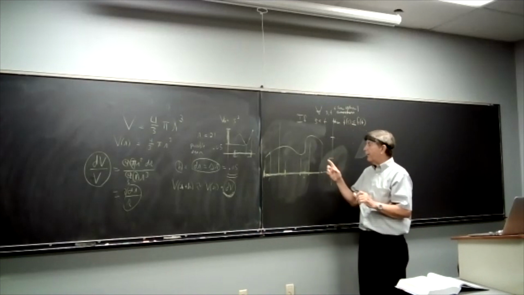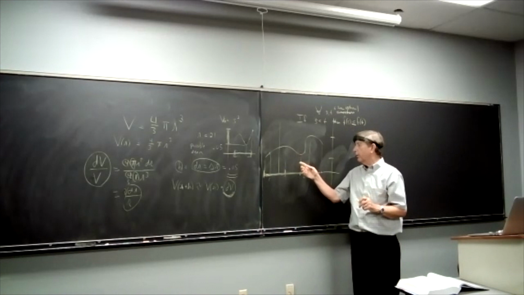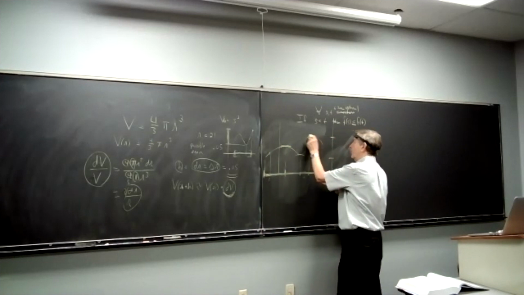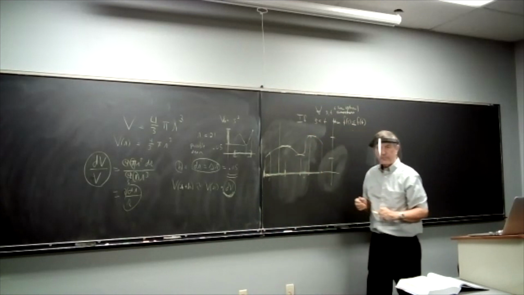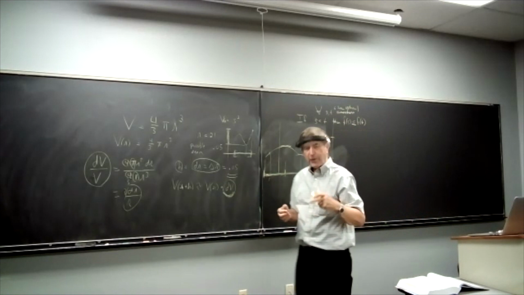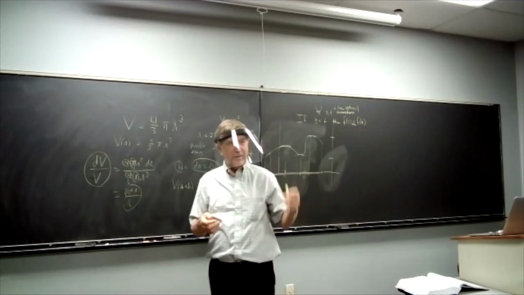Now, if I look at this graph that I drew, there are three places where the derivative is zero. Okay? And those occur at high points and low points on the graph.